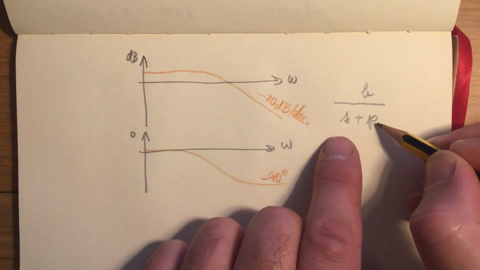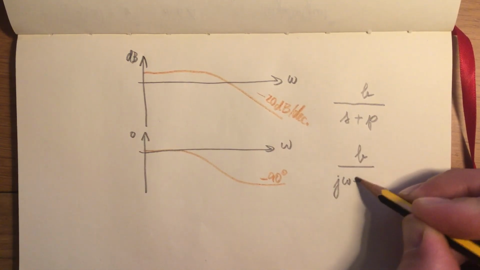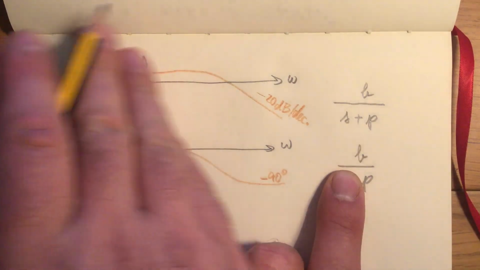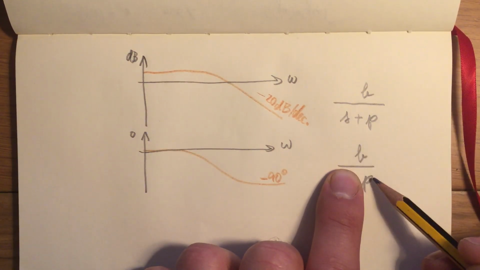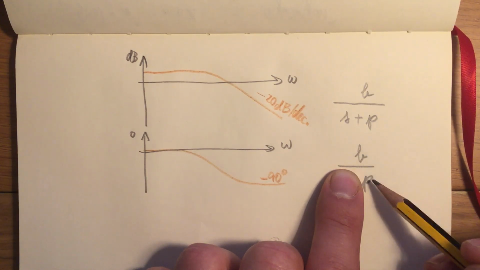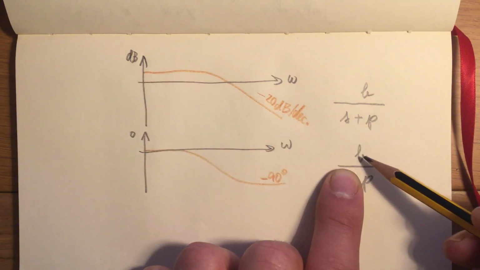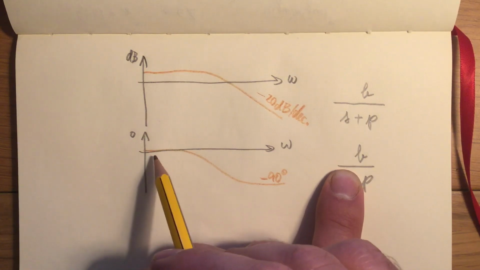B divided by P for low frequencies will be the frequency response of this plant. This is larger than 1 because 20 times the logarithm of base 10 of B over P is positive. B over P is also positive because this phase is 0 degrees.